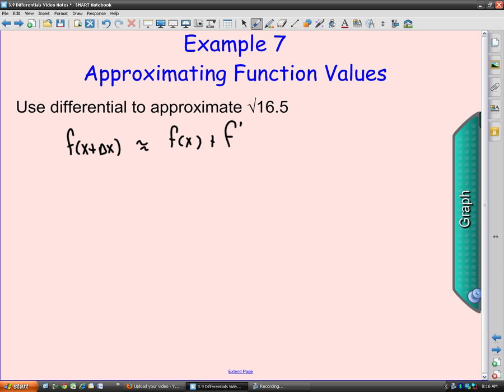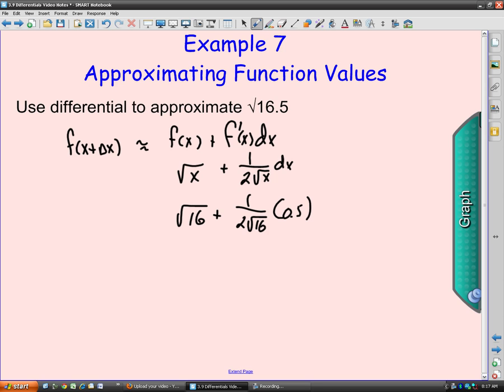In this case, my f of x is the square root of x, and f prime of x turns into 1 over 2 square root of x, dx. I can then plug in what I know. If x is 16 and dx is 0.5, then the square root of 16 plus 1 over 2 times the square root of 16 times 0.5 will get me my approximation.